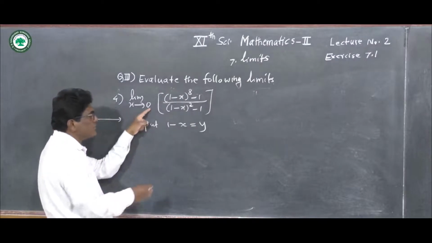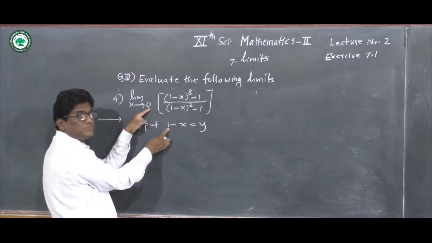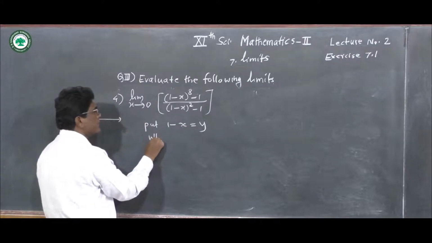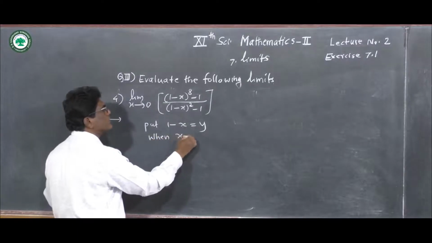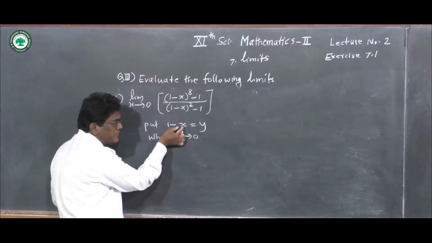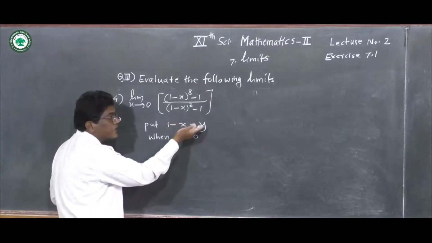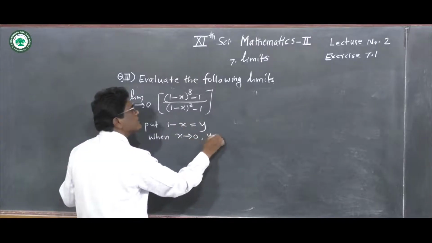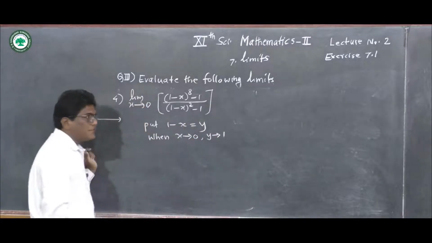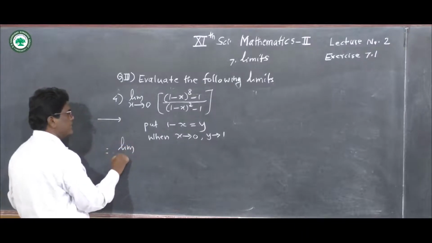If we put x is 0, then we get y is equal to 1. So x tends to 0 means y tends to 1.